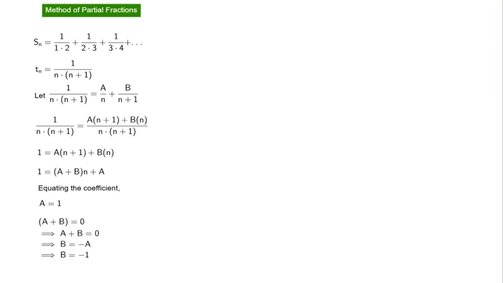So we have a plus b equal to 0, which implies b is equal to minus a. And since we already have a equal to 1, b becomes minus 1. Now substituting these a and b values, we get 1 by n times n plus 1 is equal to 1 by n minus 1 by n plus 1.